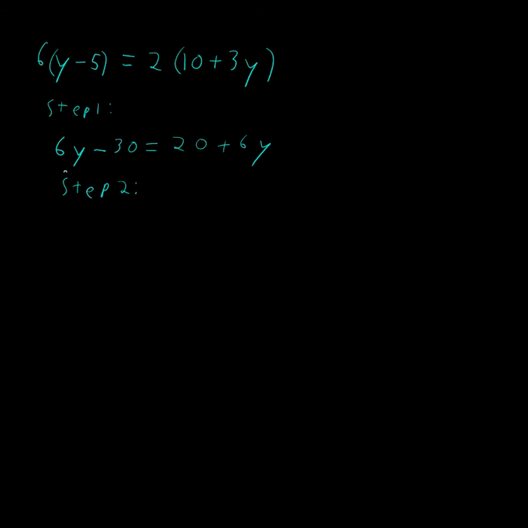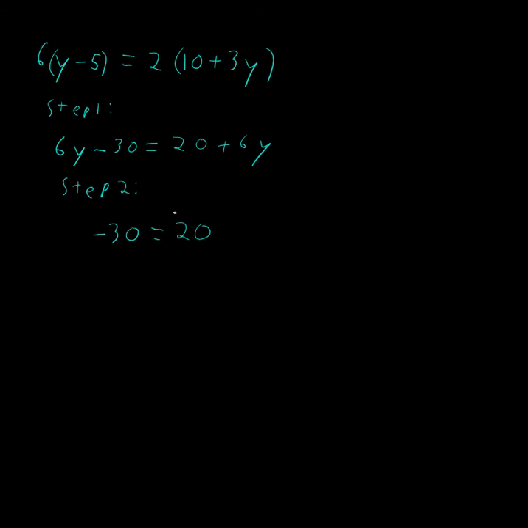So, step 2, we'll be using the additive and subtractive properties of equivalence in order to rewrite this equation, getting our variables on one side and making sure they're alone. So let's see. We would subtract 6y from both sides, and so on this side 6y minus 6y is 0, and so we just get -30 equals 20, with 6y minus 6y again 0.